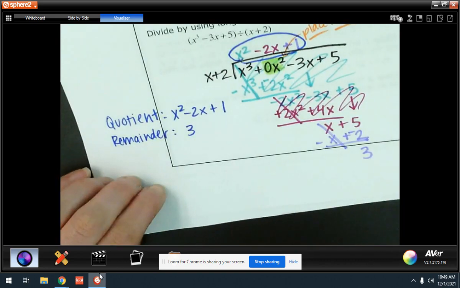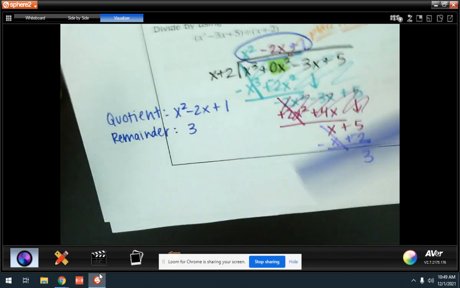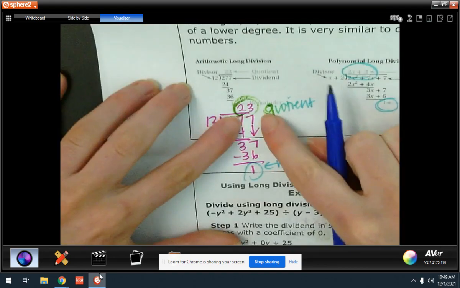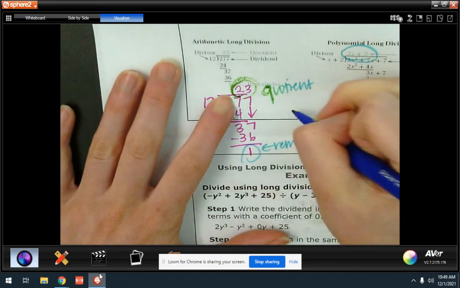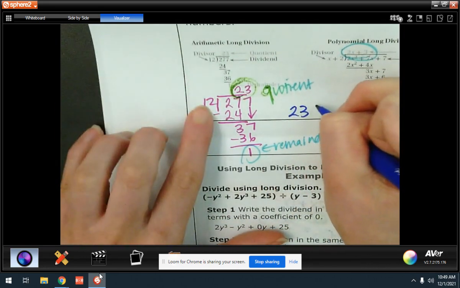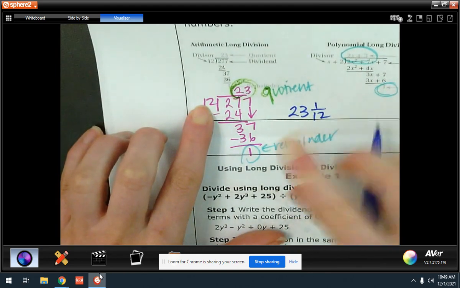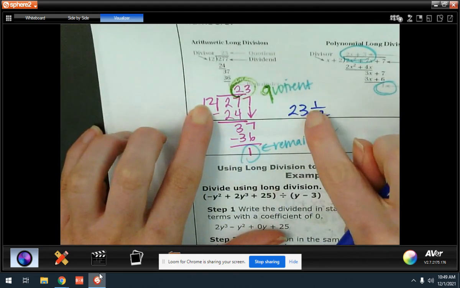Okay. Another way they write the answer, for example, let me go back to that number example. When we got 23 remainder 1, you may see that written as 23 and 1/12. You write the remainder over the divisor to get that mixed number.